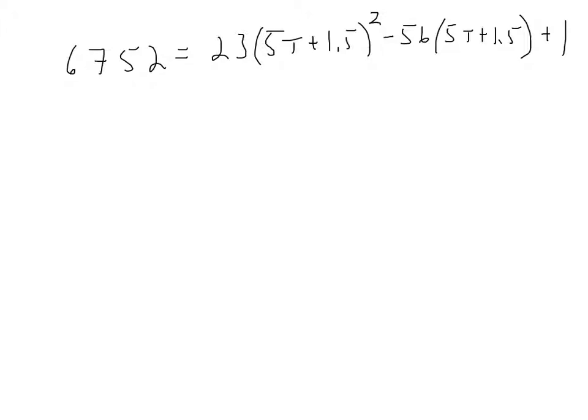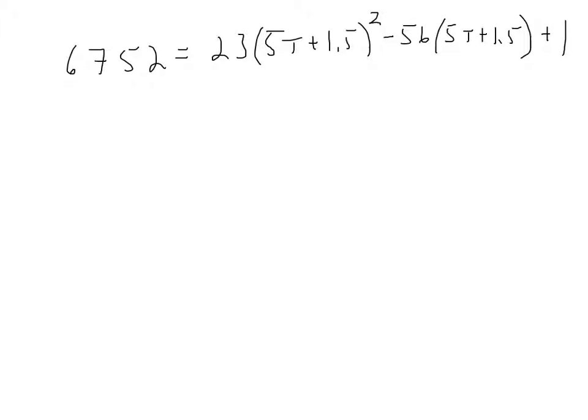This tells me there are two answers, and one's negative, and since we're talking about time, the negative doesn't make sense. It's not in the domain. So when the time is 3.378 seconds, the population of bacteria is equal to that number.